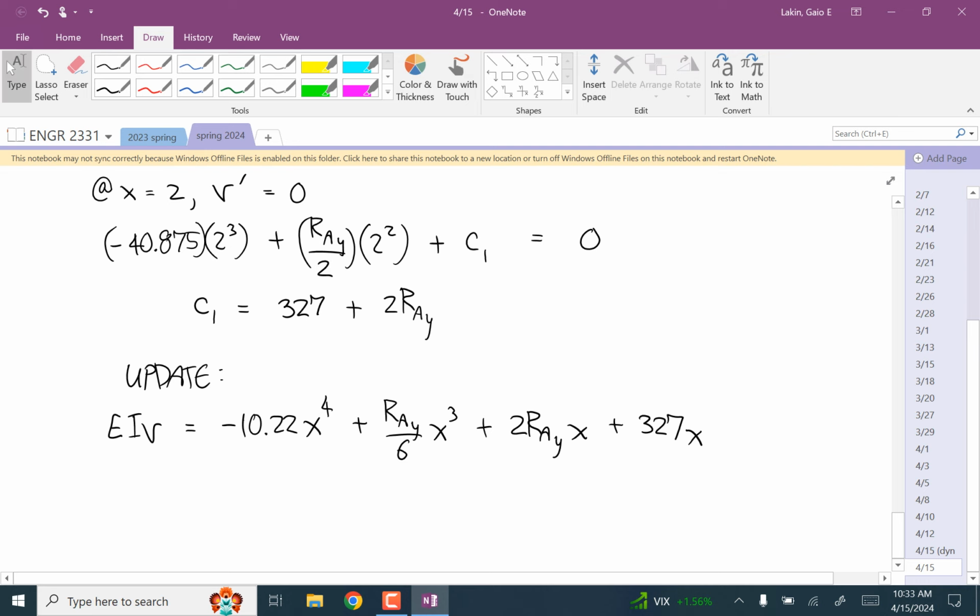And so now we're going to say at x equals 2, the deflection is equal to 0.